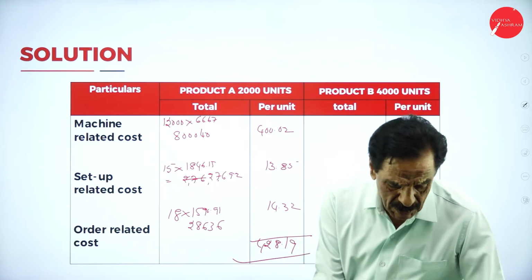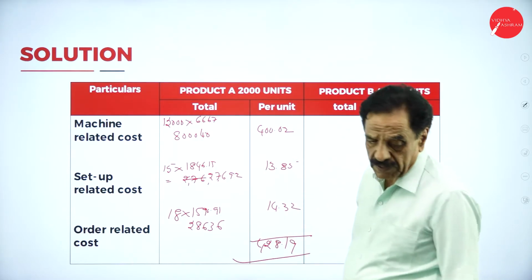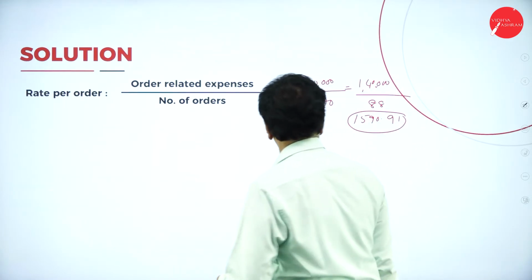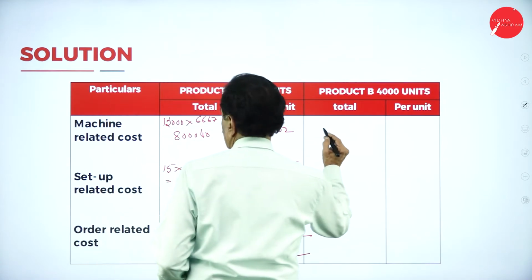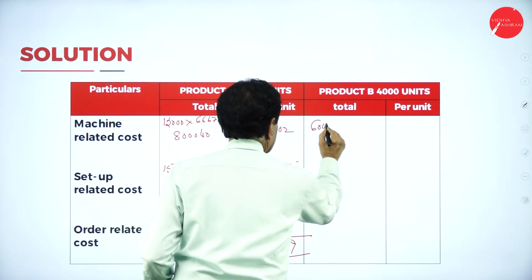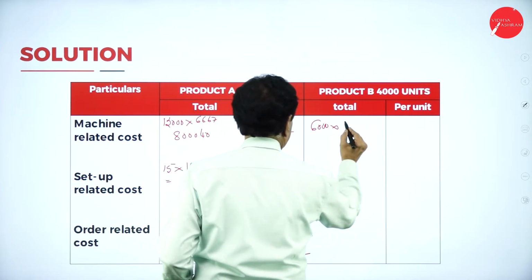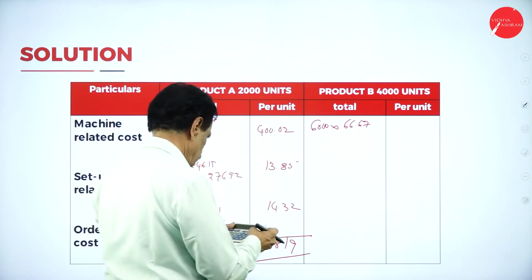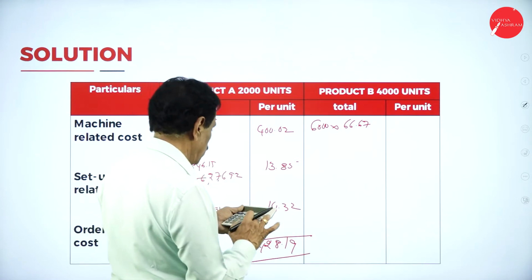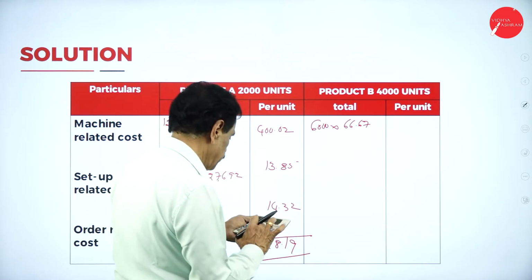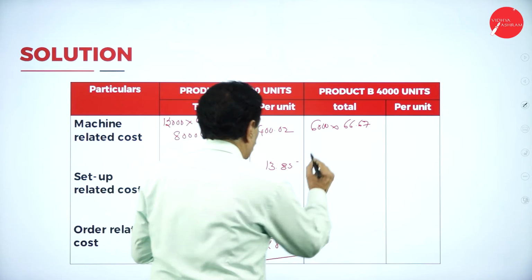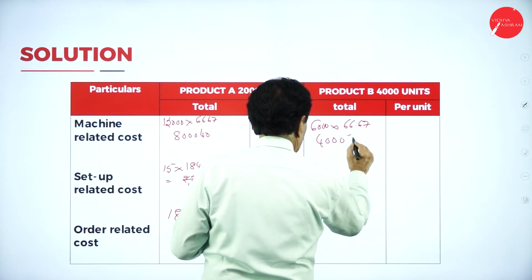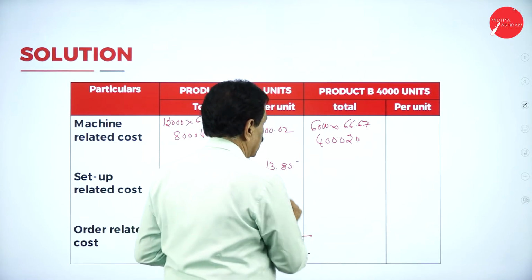How many hours it will work: 4,000 into 1.5 means 6,000 hours. 6,000 into 66.67 is 4,00,020.